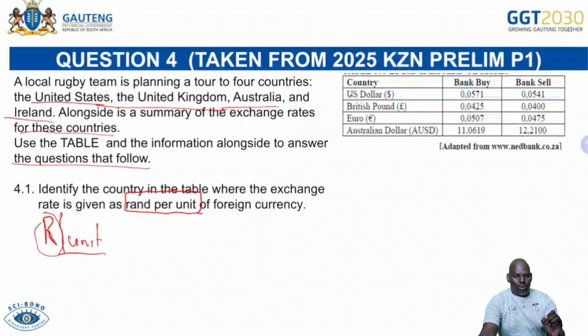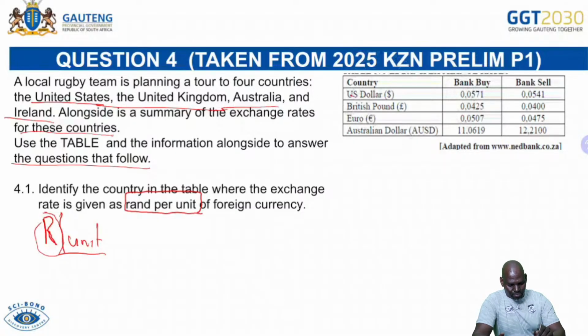If in South Africa I get 10 rand and convert it to US dollars, I'm going to get fewer US dollars. The same thing with the British pound: if I've got 100 rand and convert it to British pounds, I'm going to get fewer pounds. The same thing with the euro.